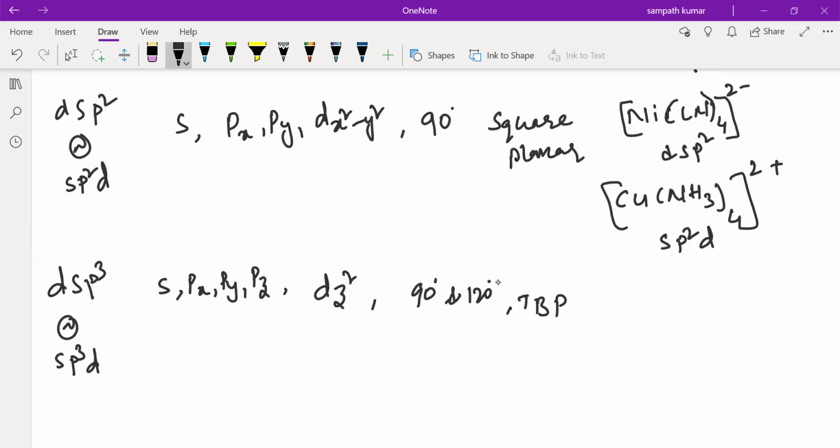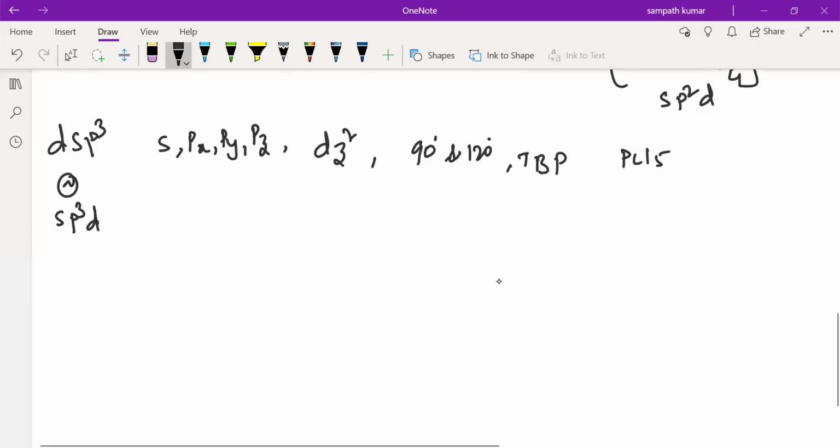For example, PCl5 molecule is the best example for a trigonal bipyramidal molecule, with dsp3 or sp3d hybridization.